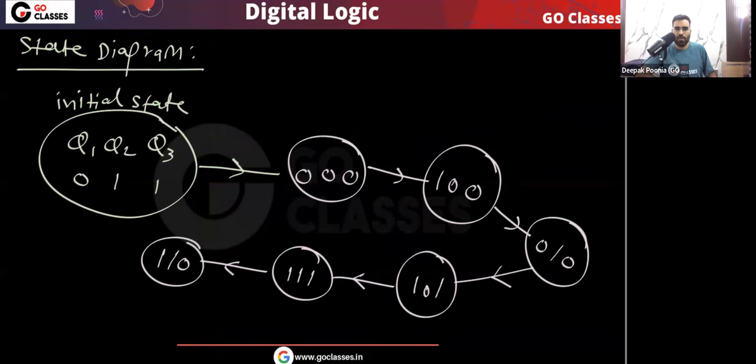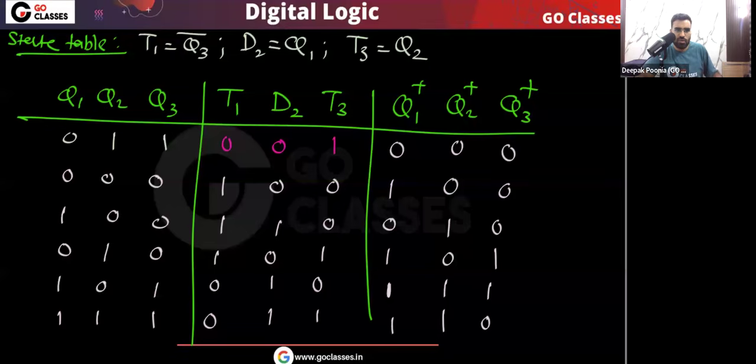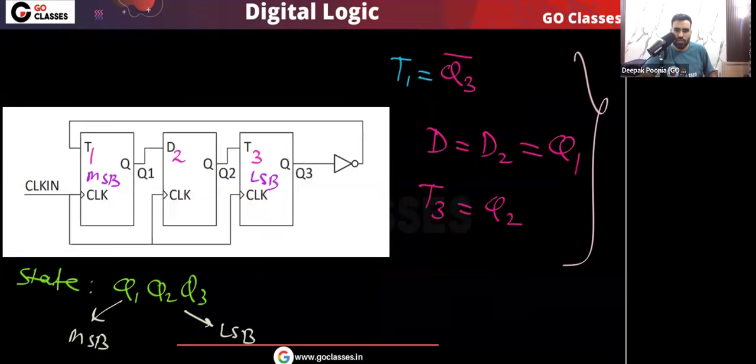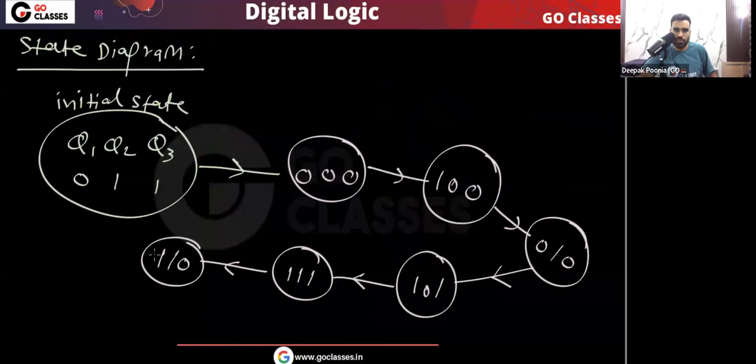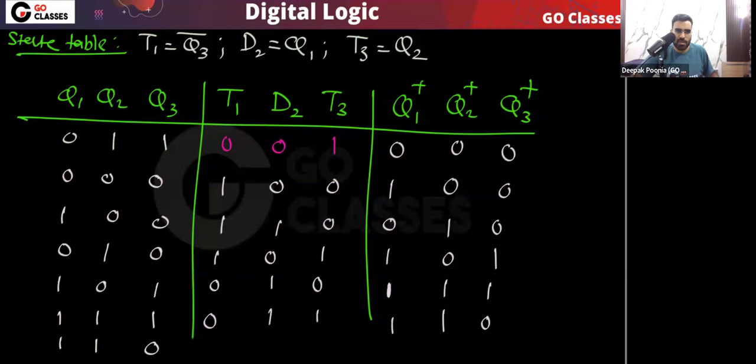Okay. Now from 110, where we will go? Now we need to find that from this 110 state, where are we going to go? Okay, so let's see. From 110, you can see T1, that is Q3 complement, so that is 1.